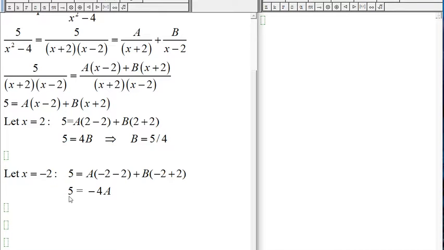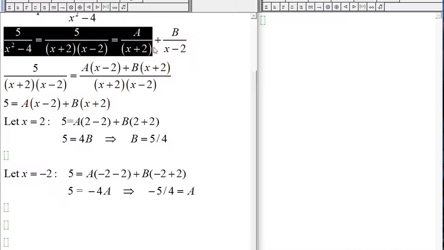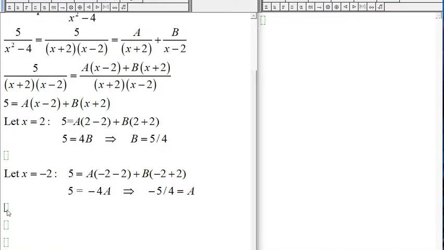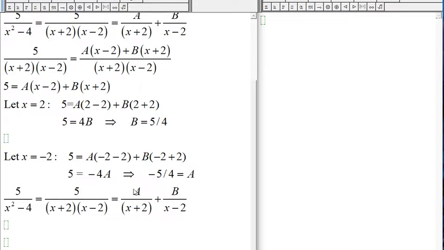So we get 5 equal to -4a, and then divide both sides by -4, and we get -5/4 is equal to a. And so if we go back to our expression right here, in the place of a we have -5/4, and in the place of b we have 5/4.